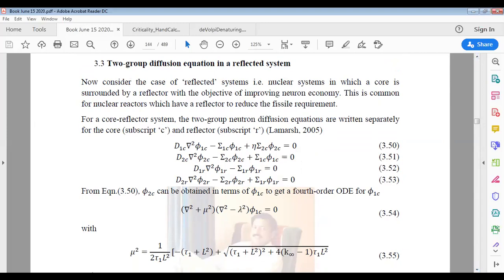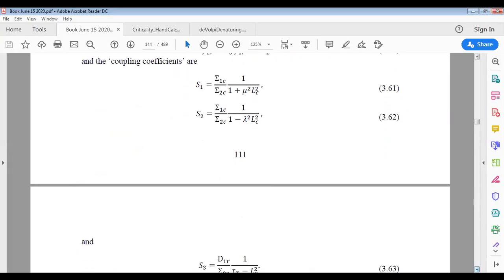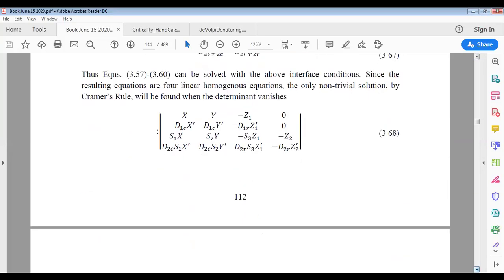The first thing I'm going to do is make a connection with the criticality condition, so that either you're given the composition and you have to find the dimensions, or you specify the dimensions and you have to find the composition.